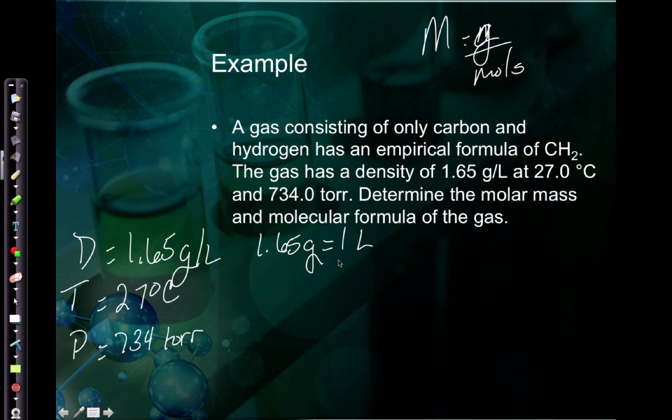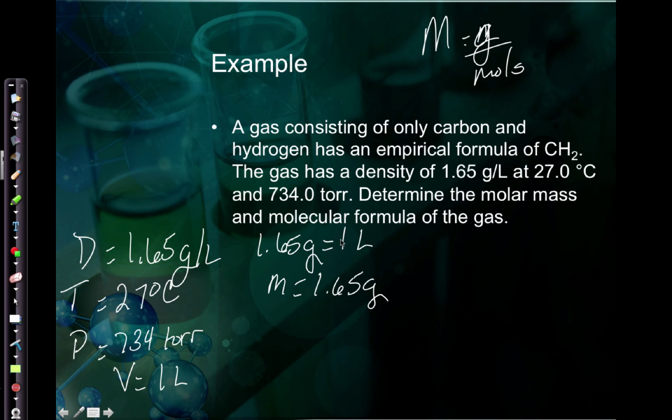If I set the volume at 1 liter, then my mass should be 1.65 grams, because if I measure 1.65 grams of that substance, I should have 1 liter. So I'm going to set my volume at 1 liter, and that also means my mass at that volume should be 1.65 grams.